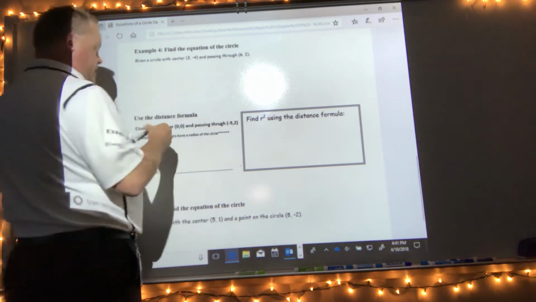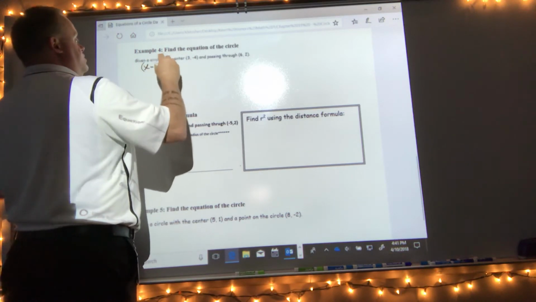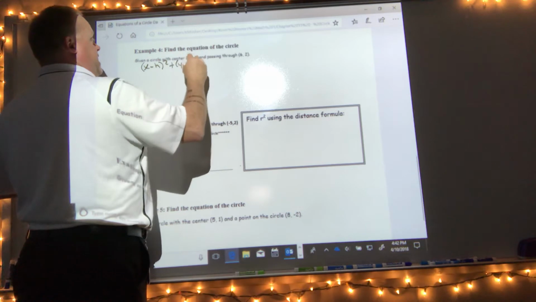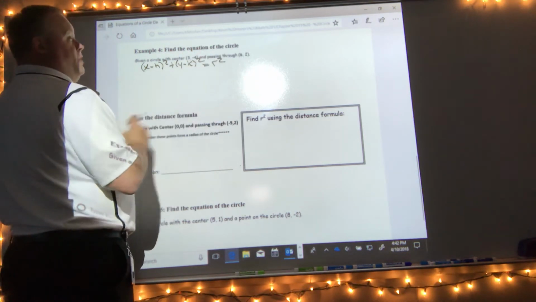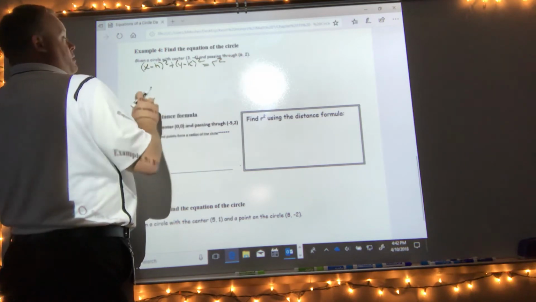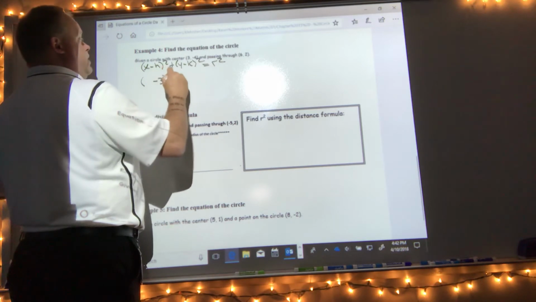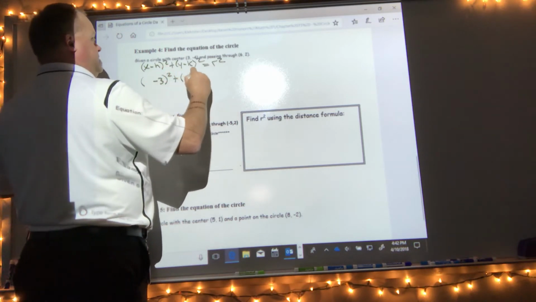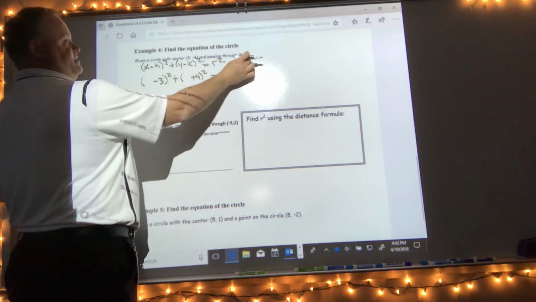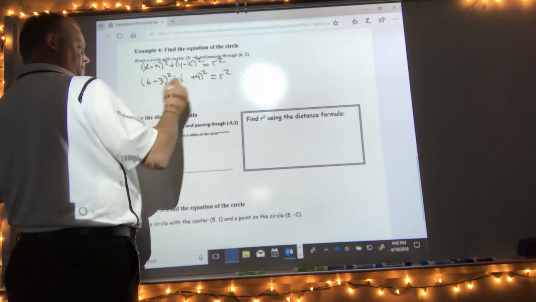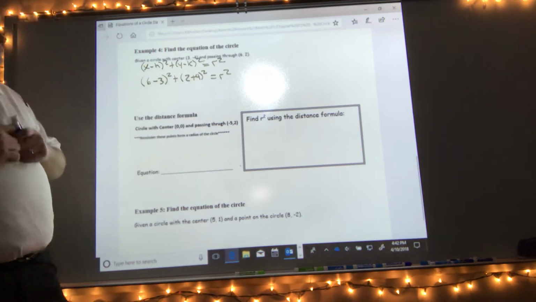So I'm going to use my equation, x minus h squared plus y minus k squared equals r squared. And I'm going to plug in my points. So center, that is a -3 squared plus a +4 squared. Passing through the point 6 and 2. I plugged them in.